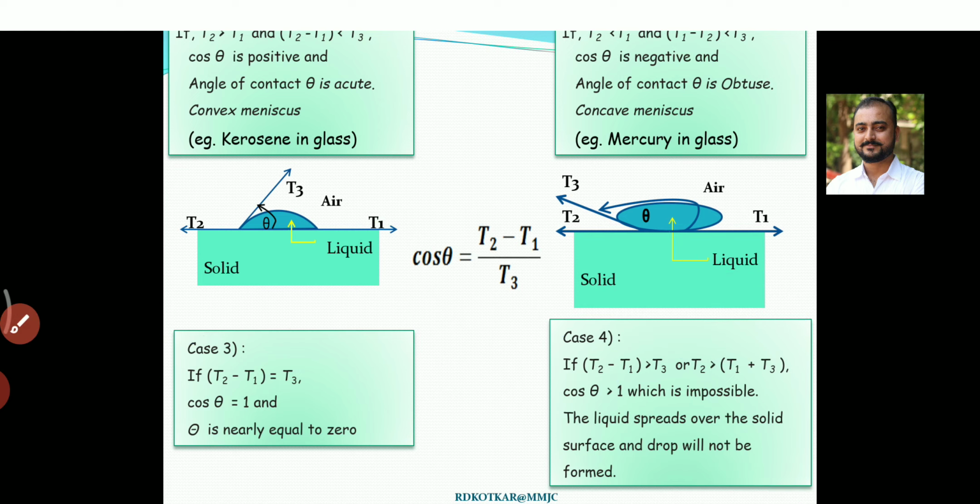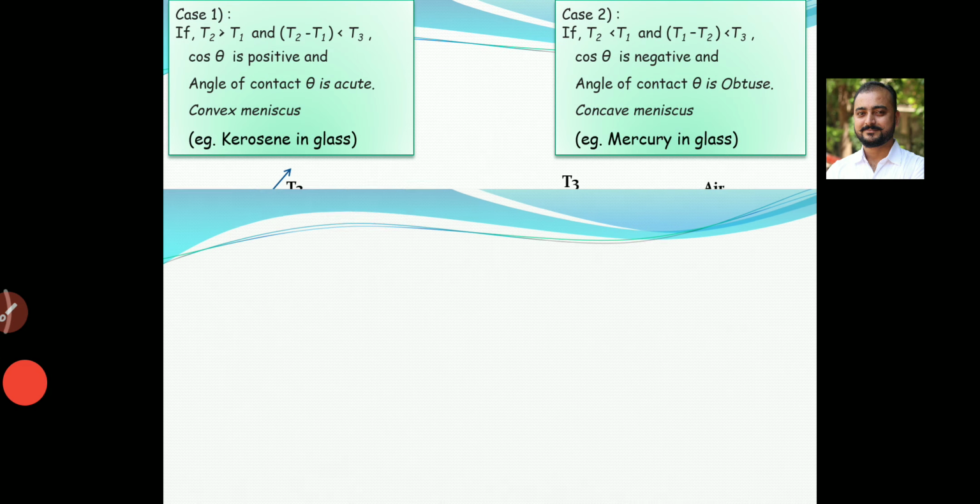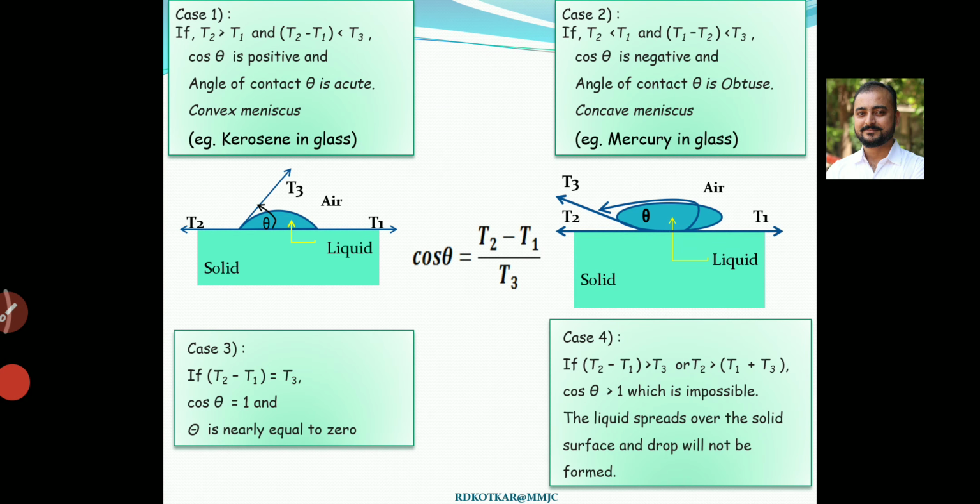That's why we say there is an impossibility of formation of this case; if it occurs, the liquid spreads over the solid surface and a drop will not form. So friends, in this manner, these are the different cases related to the formation of the shape of a liquid drop.